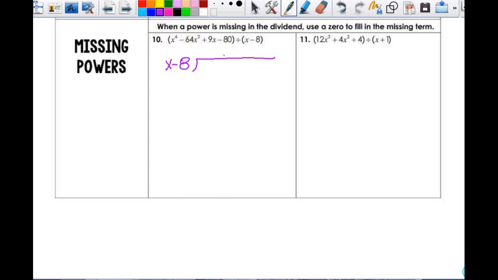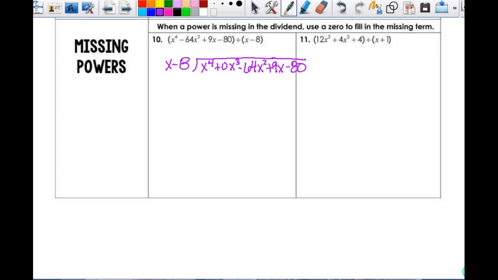But I start with x to the fourth. I don't have all of the exponents represented, so I have to have them represented in here. This x to the fourth, and then there is no x cubed term, so this needs to be plus 0x cubed minus 64x squared plus 9x minus 80.